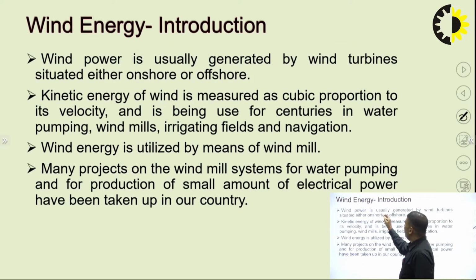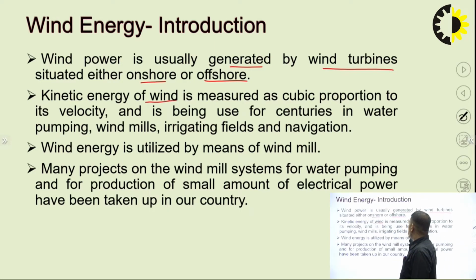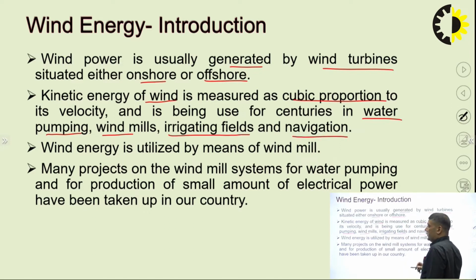Wind power is usually generated by wind turbines which are situated either in onshore or offshore areas. Here we use the kinetic energy of the winds. The kinetic energy of the wind is proportional to the cube of its velocity, and has been used for centuries in water pumping, windmills, irrigation fields and navigation systems.